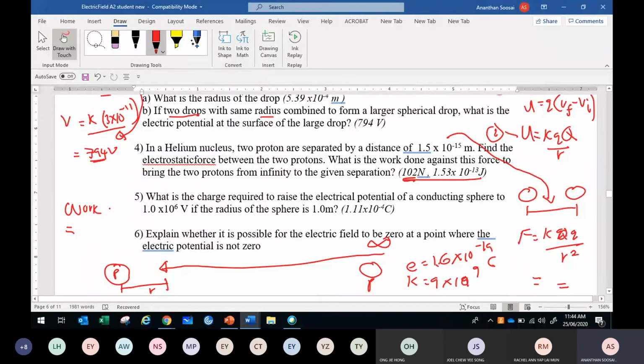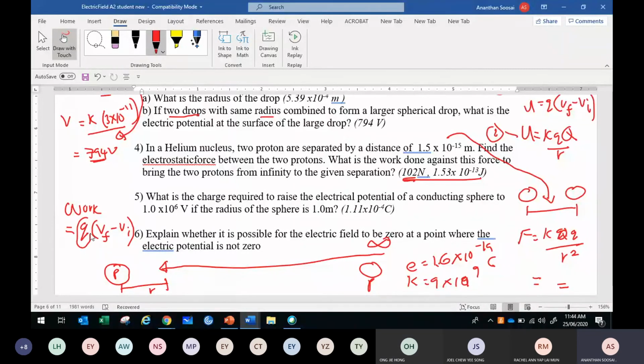So work done is the same as what? Q times final potential minus the initial potential, right? That's your work done. Then you get the answer. Now, which one is going to be the test charge?